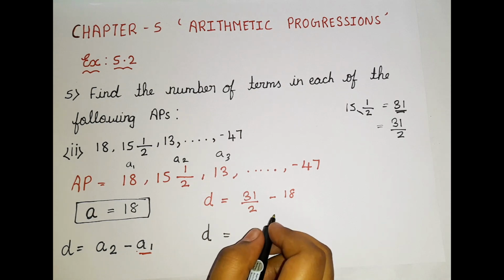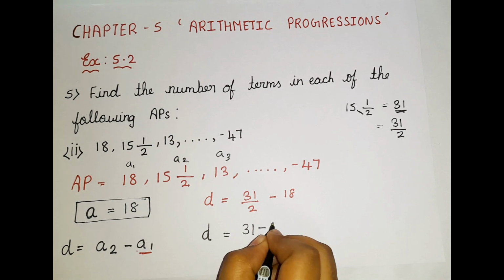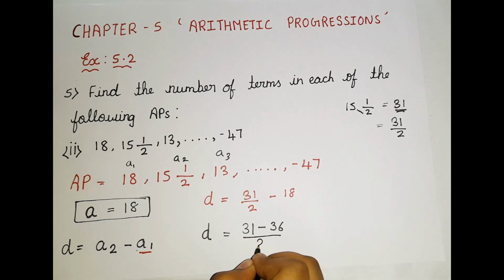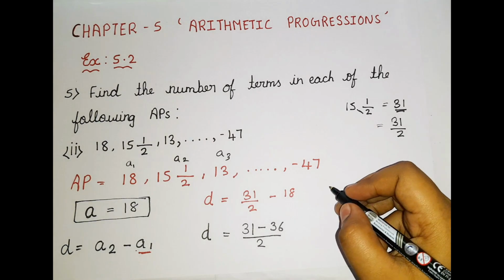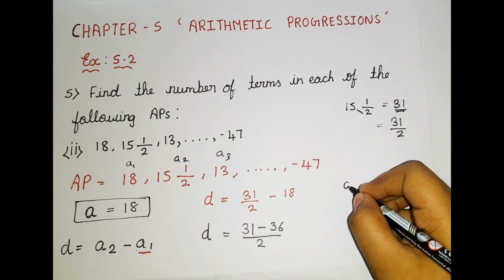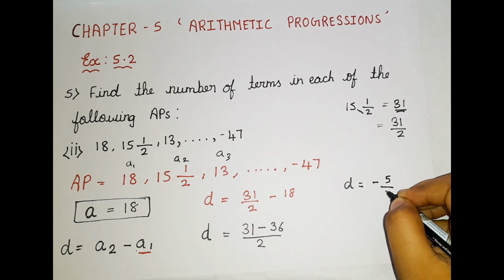When we take the LCM, we get 31 minus 36 divided by 2. After that, when we subtract them, we get minus 5 by 2.